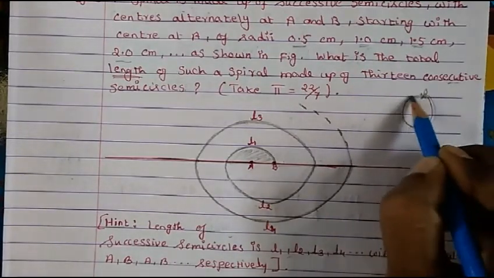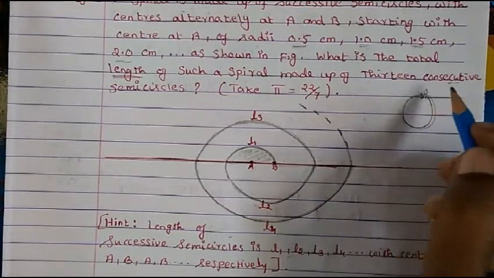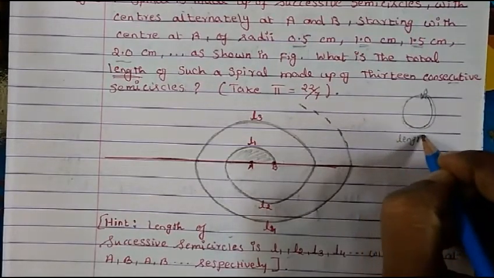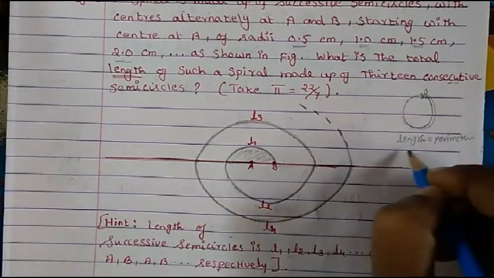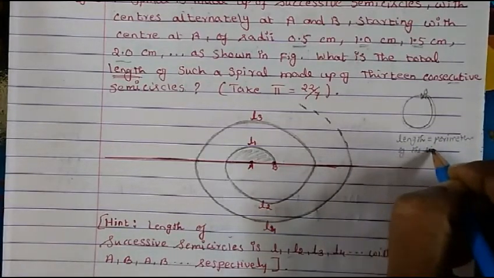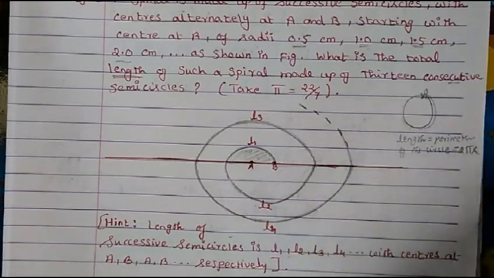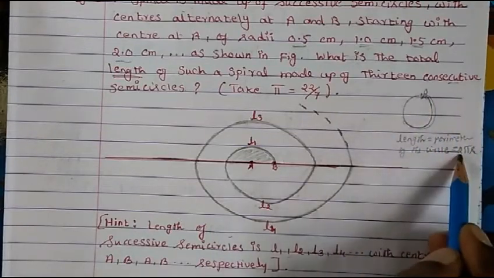That is called the length of the circle. So length is also equal to the perimeter of the circle, and we know the formula, that is 2 pi r.